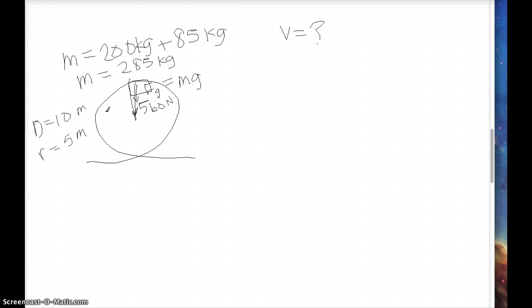Good thing I went back and reread. All right, so if I look at the system, which is this motorcycle, passenger, and surface system, the forces acting on the bike with the passenger are just the force of gravity and that normal force.